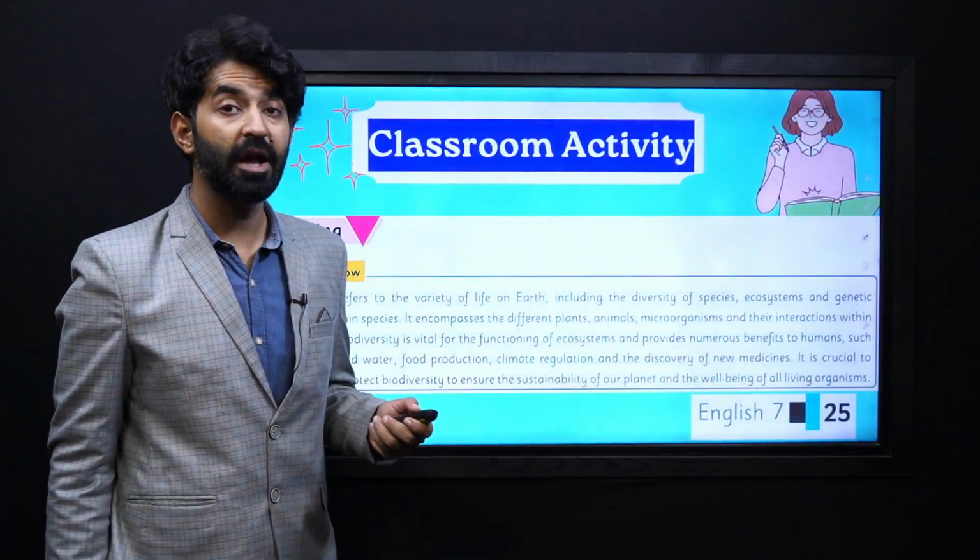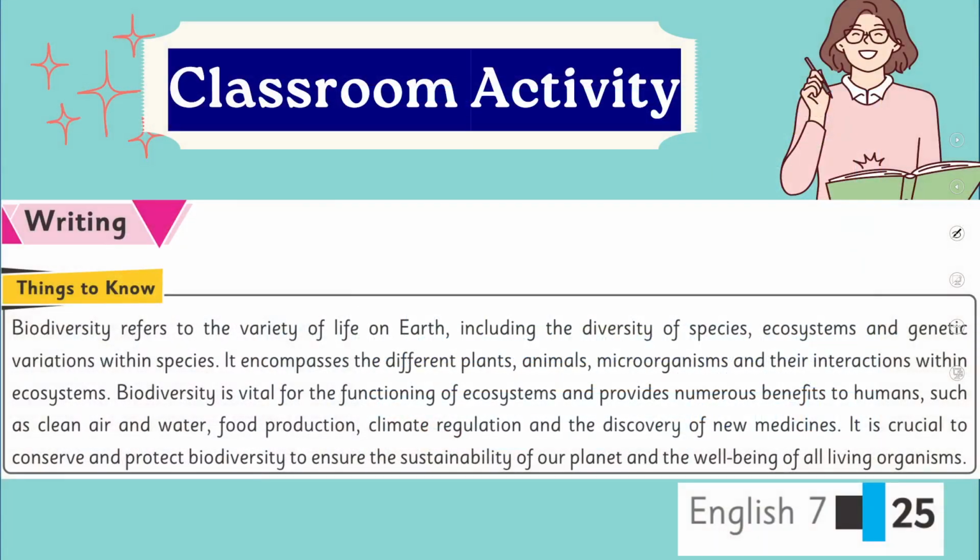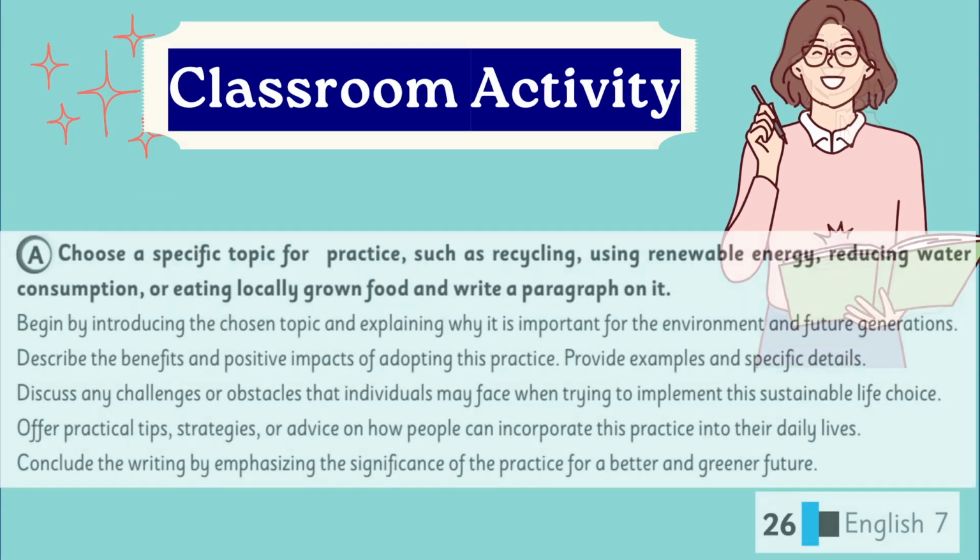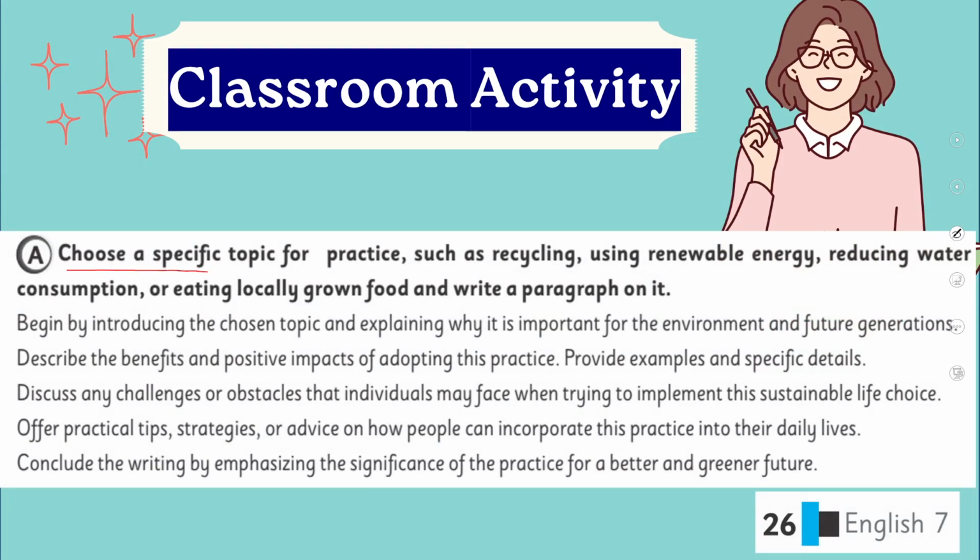Now, for your classroom activity, it's from page number 25 of the book. So you will be learning about biodiversity, this paragraph, and choose a specific topic for practice, just as we saw in the previous slide, such as recycling or using renewable energy, reducing water consumption, or eating locally grown food, and write a paragraph on it.